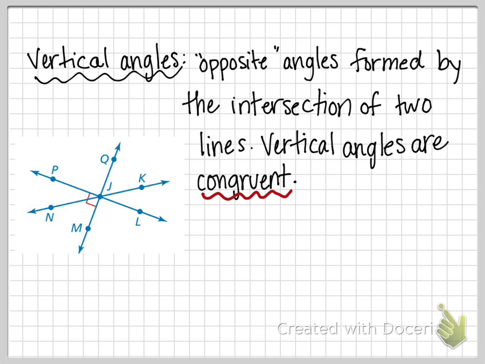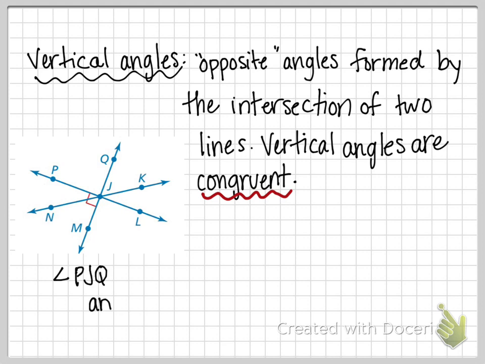Name one for me. Caroline? PJL. PJL is a straight angle. What's one angle and its vertical counterpart? Ben, give me one. PJQ.